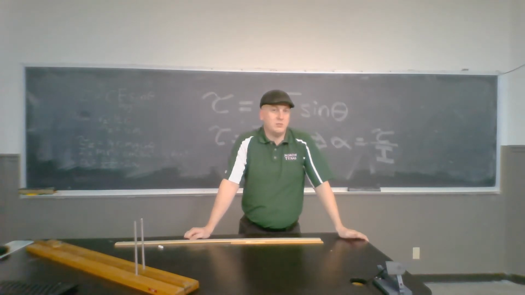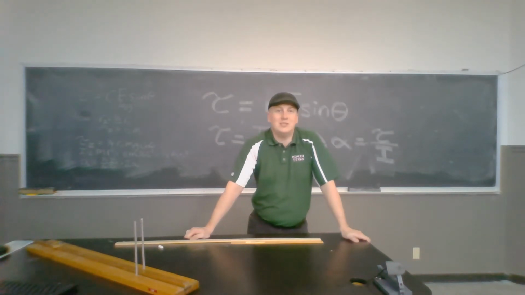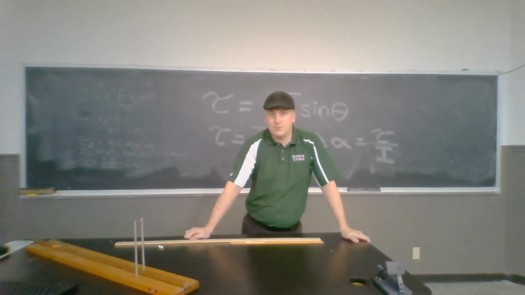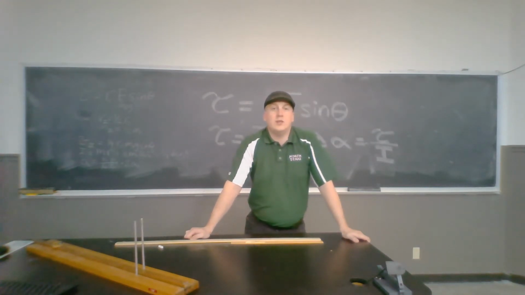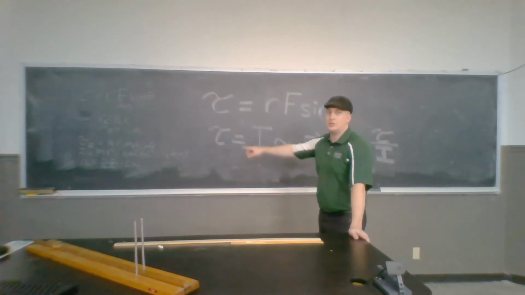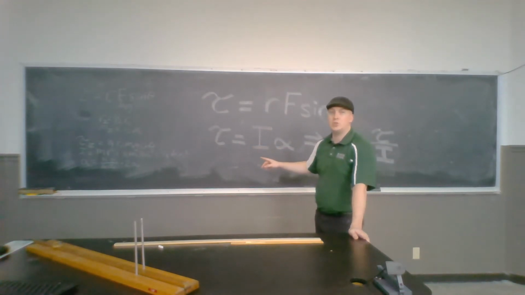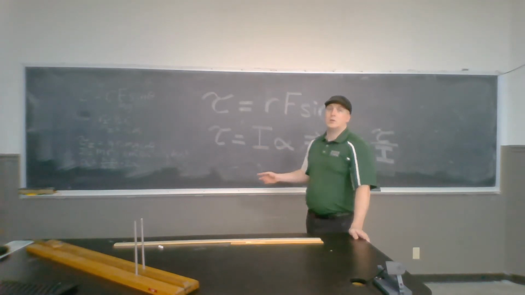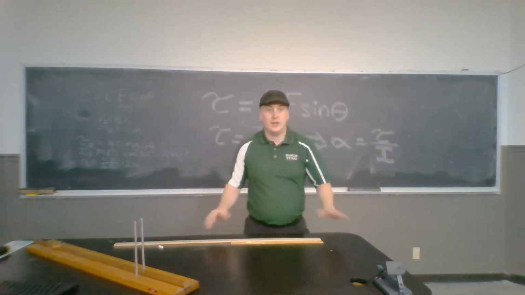But torque can also be defined using Newton's second law for circular motion, which is that the sum of all torques on an object equals its moment of inertia times the net angular acceleration, which I have written below. That tau is equal to the moment of inertia I times alpha. Yes, these are Greek letters.